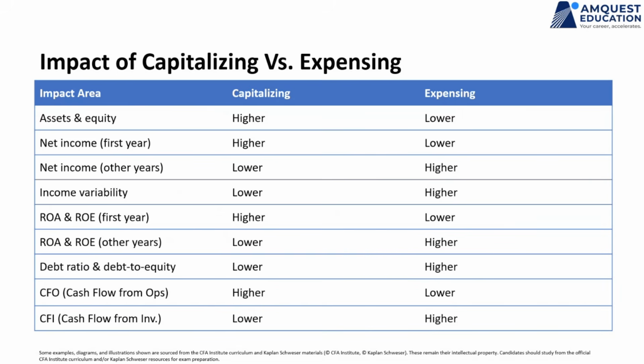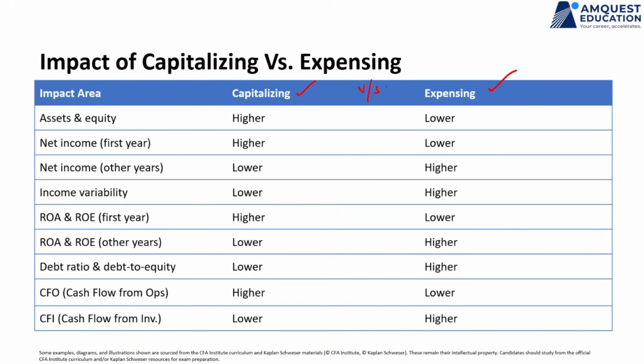Now, in CFA level one, there are multiple tables like this, where they just change the headers. Like in this case, it is capitalizing versus expensing, right? So we are doing a table which is comparing ROE in first year, other years, income variability, asset and equity.